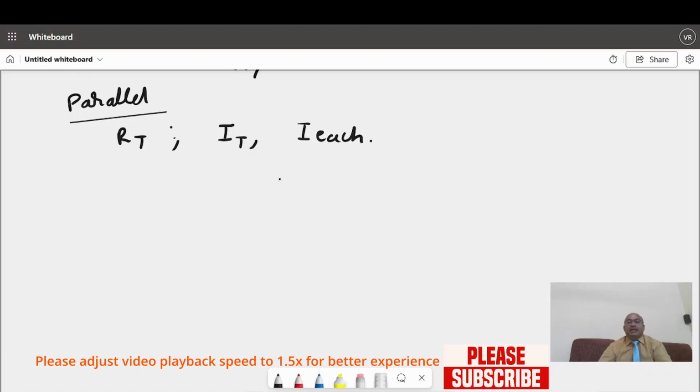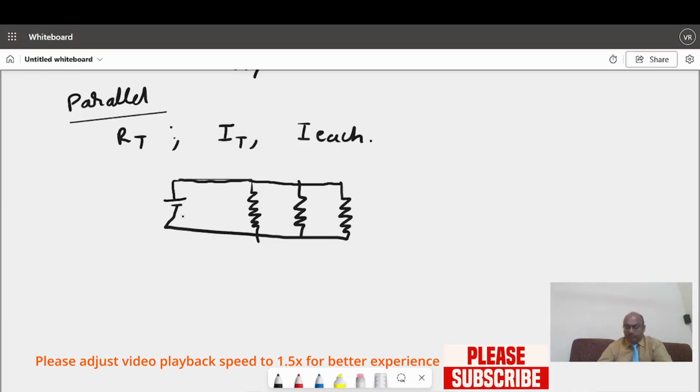This is the given circuit. Three resistances are connected in parallel to a voltage of 24 volts. R1 is given as 10 ohm.